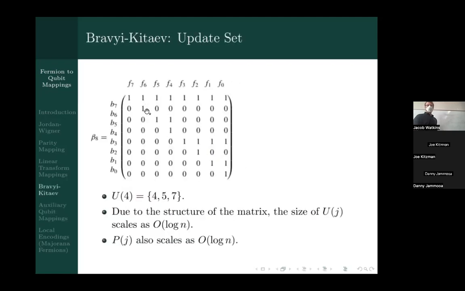Some rows are like Jordan-Wigner, some rows are like parity. So it has a fractal-like structure to it. Yeah, because literally when you go to the one with 16 rows, you take this matrix and copy it down here, and then just extend the ones across the top.